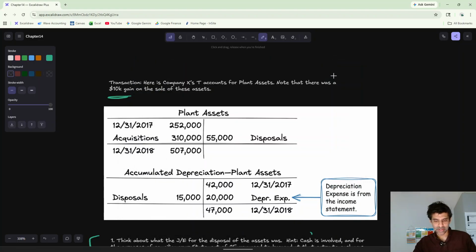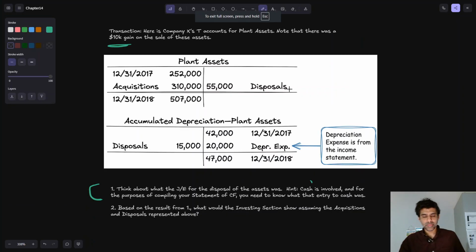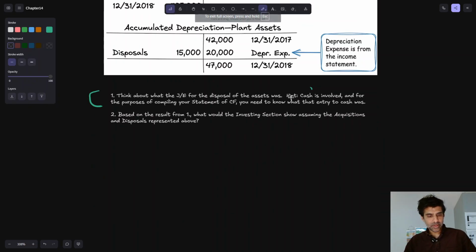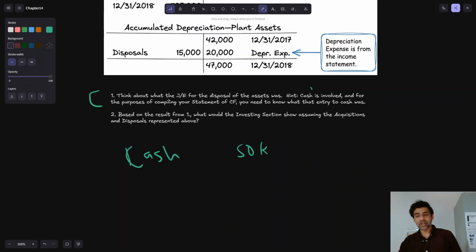All right, Tyler, tell me, what do you got? Okay. So debit cash 50. Let's just do the rest of it to make sure that your journal entry is going to balance. So if you're debiting cash 50, what are you crediting? Or are there other debits?